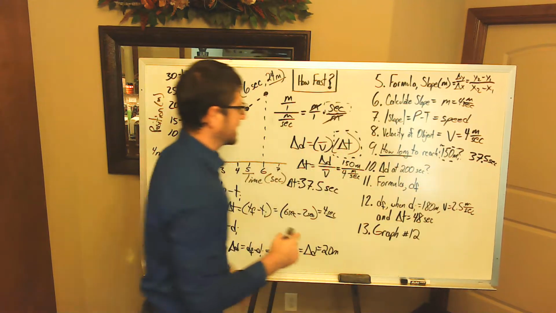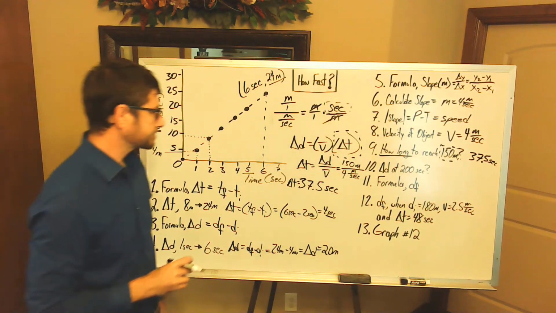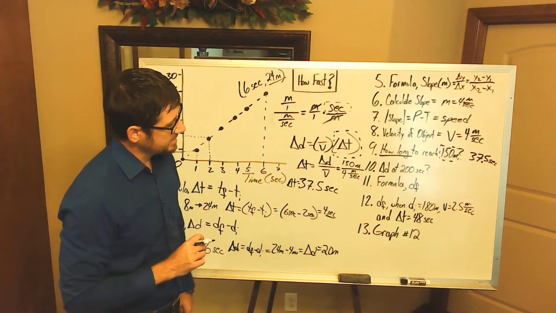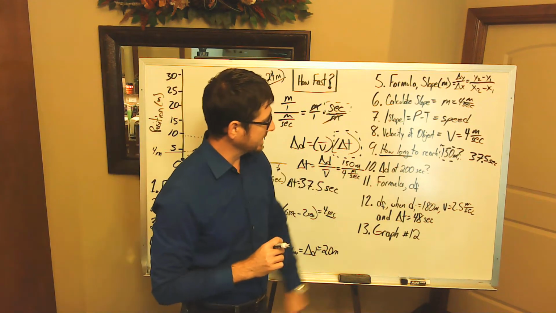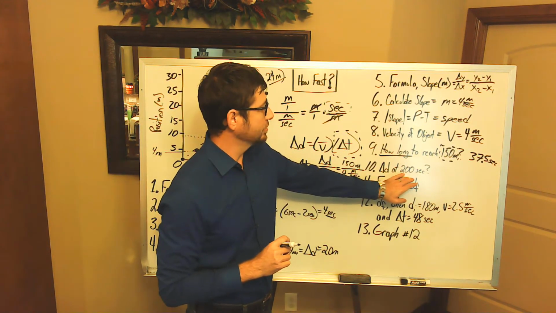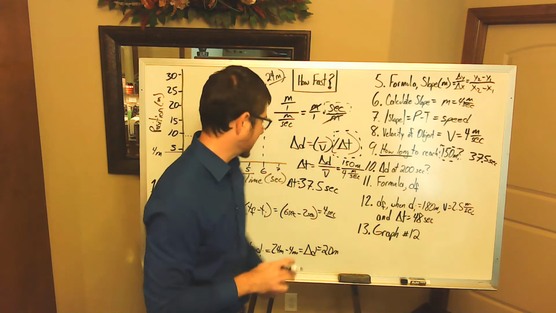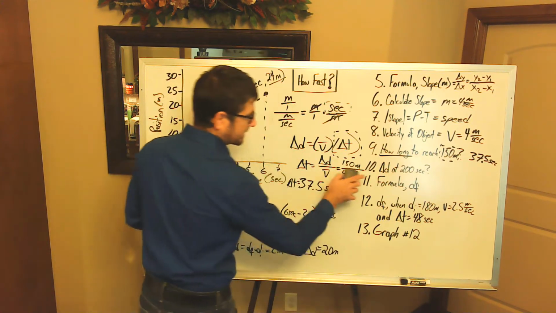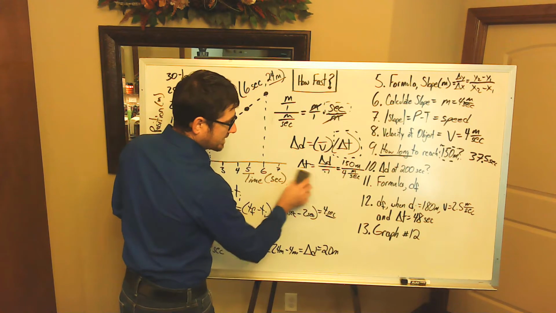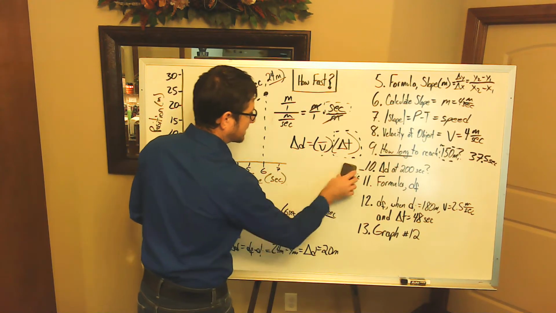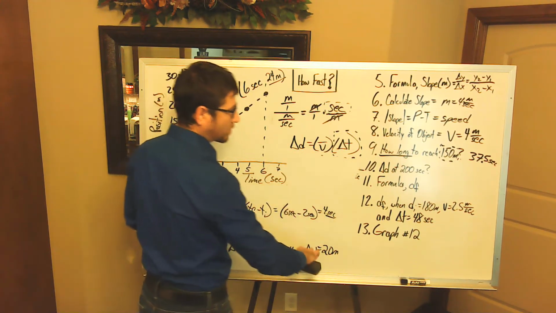Okay. And number 10, what is the change in displacement at 200 seconds? Okay, so now they are giving us a time, and we're going to use this base equation.